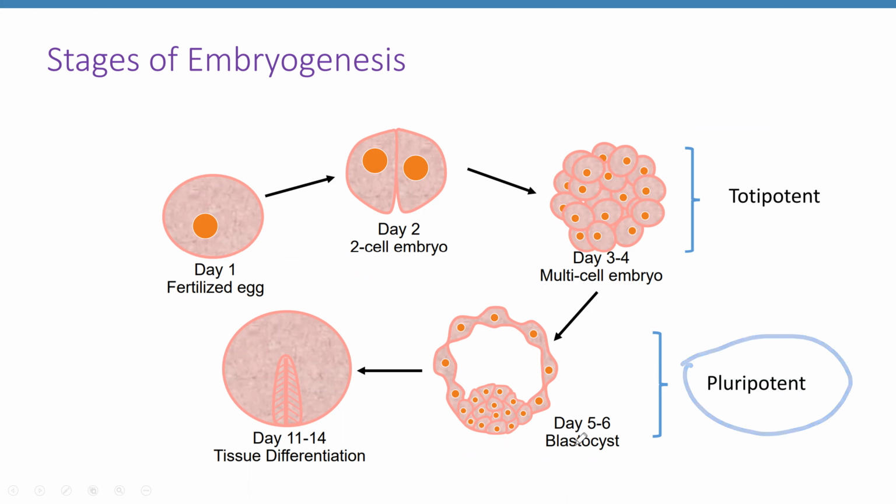Blastocysts start tissue differentiation in days 11 to 14. Now, when we form the first tissues, ectoderm, endoderm, and mesoderm, those cells are now pluripotent. So they can still differentiate into almost all cells of your body, but not all of them. Totipotent cells can differentiate into all cells and tissues.